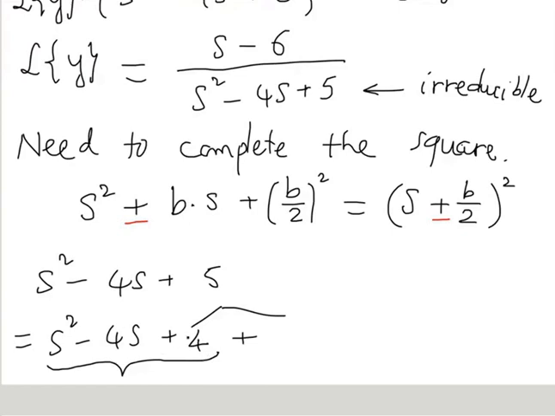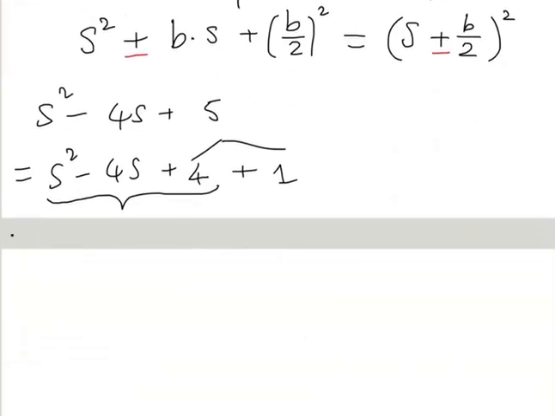Or you could try anything you're more comfortable with to make sure that the first 3 terms give us a complete square. And whatever is left, so 5 should be split as 4 plus 1. The first 3 terms give us a square. That's what it means, completing the square. So s minus 2 squared plus 1.